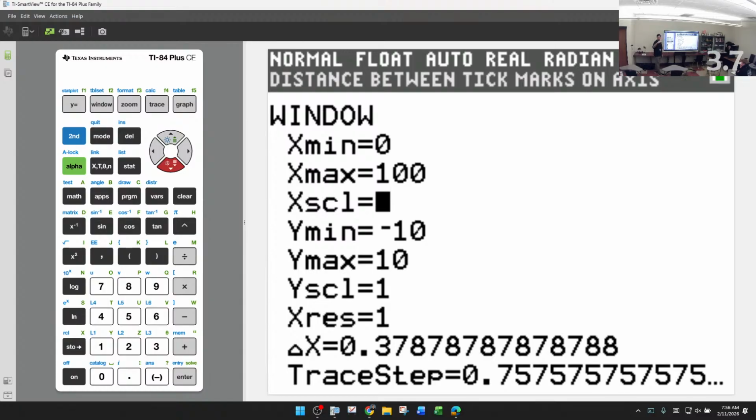That's the scale. That's what your tick marks are going by. It really doesn't matter. Doesn't change anything. Oh, X. That was stupid. I'll just leave it like that.